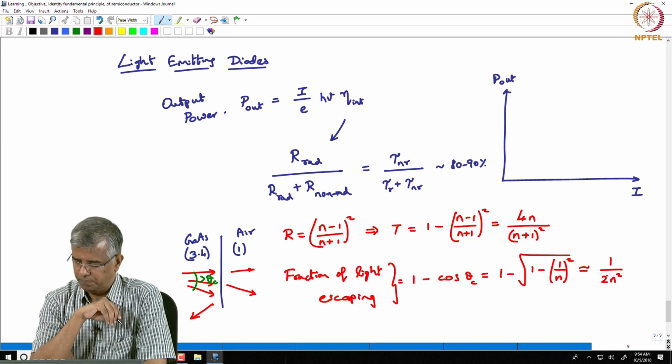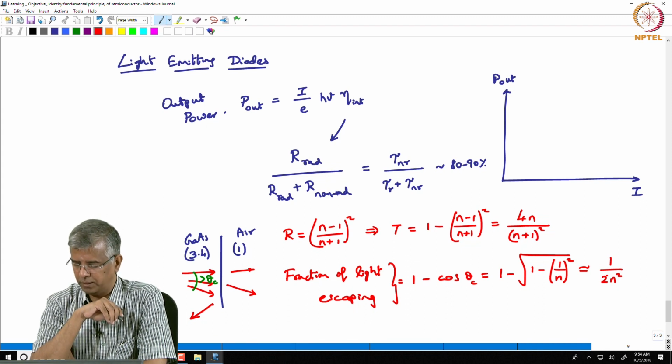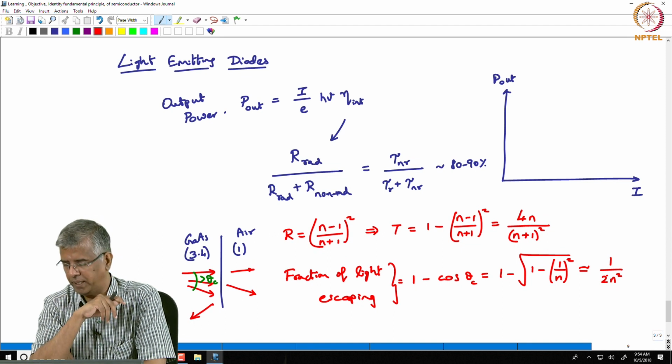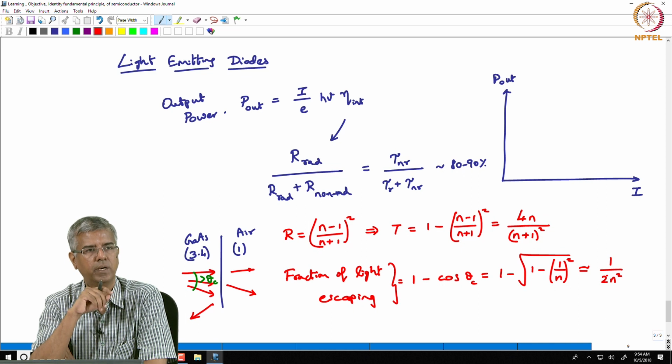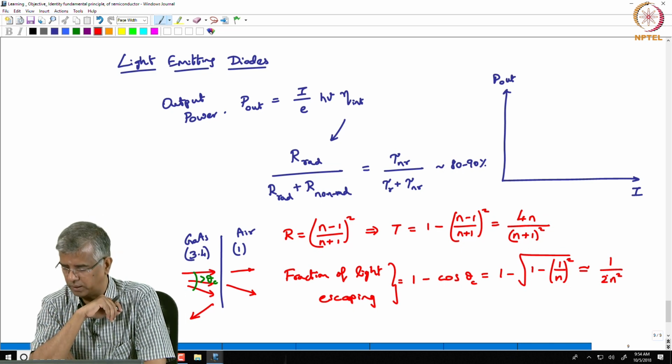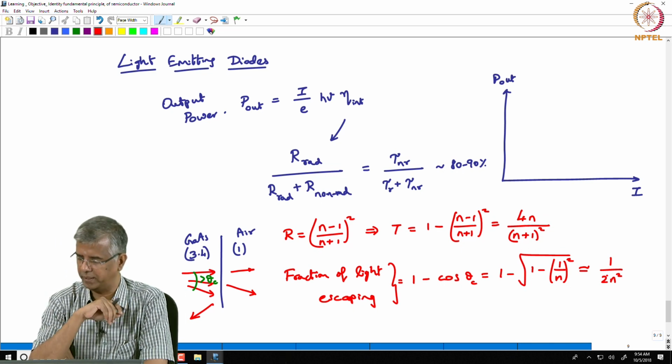Okay. So you have a certain reflectivity, and the other part is that the total internal reflection condition allows you to send out only a fraction of the light that is emitted.